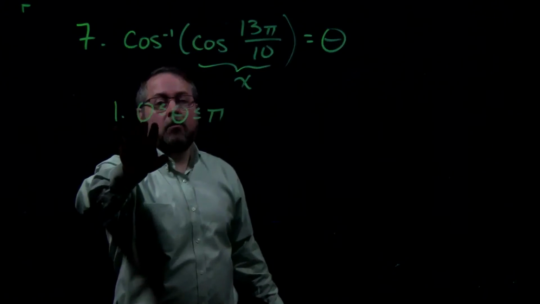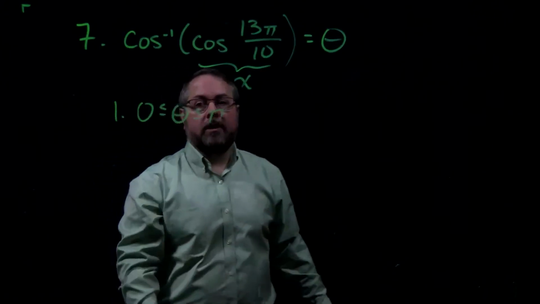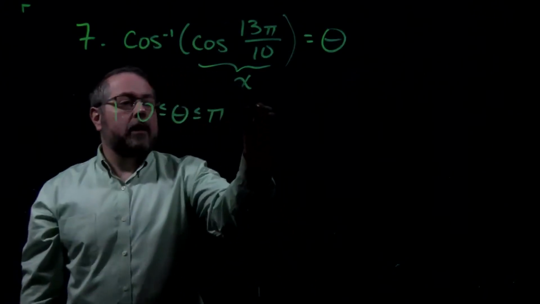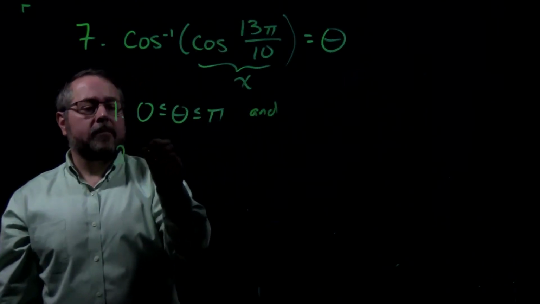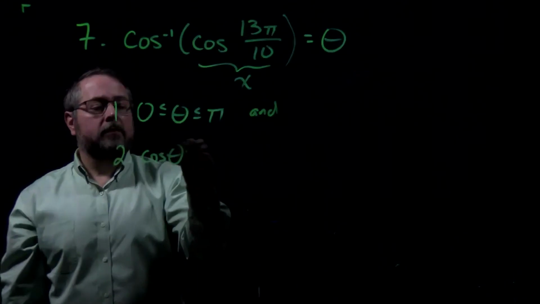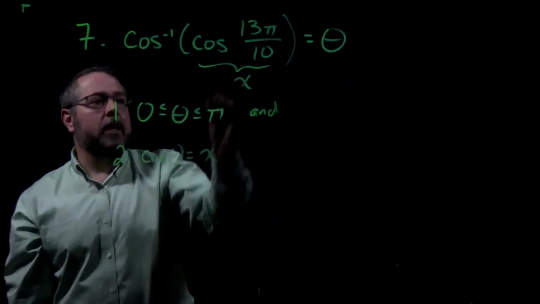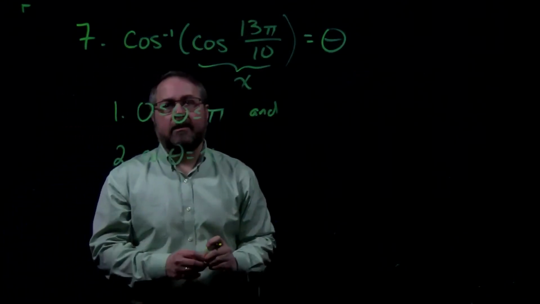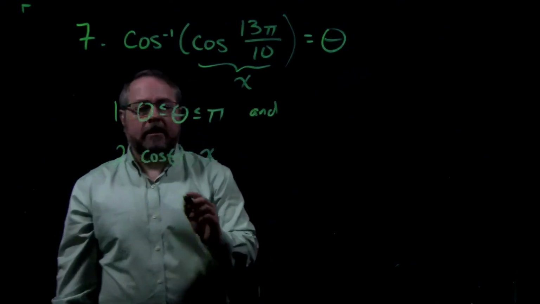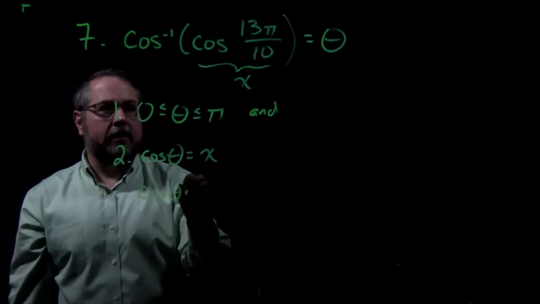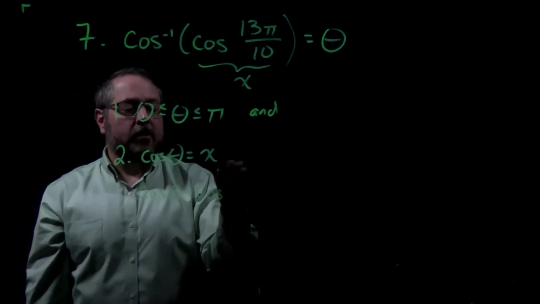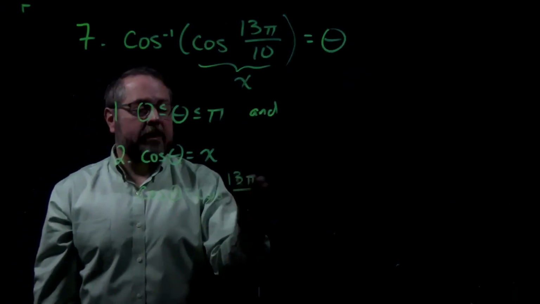Inverse cosine will always output an angle between 0 and pi radians. The other thing that has to be true is that the cosine of that angle is equal to the number that we put inside the inverse cosine, what I call x. That is to say, the cosine of theta is the cosine of 13 pi over 10.